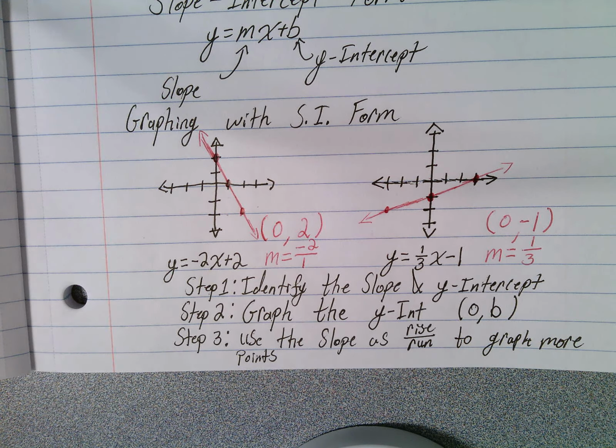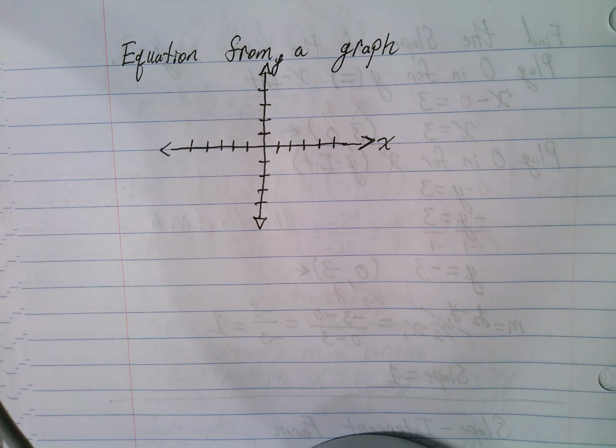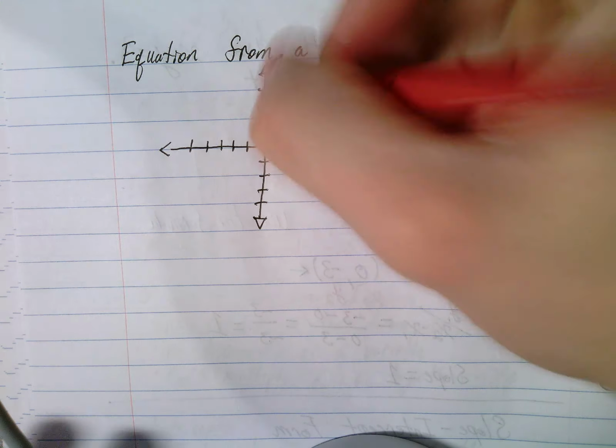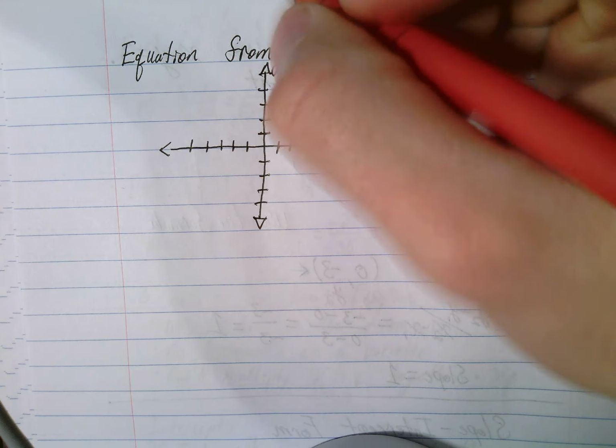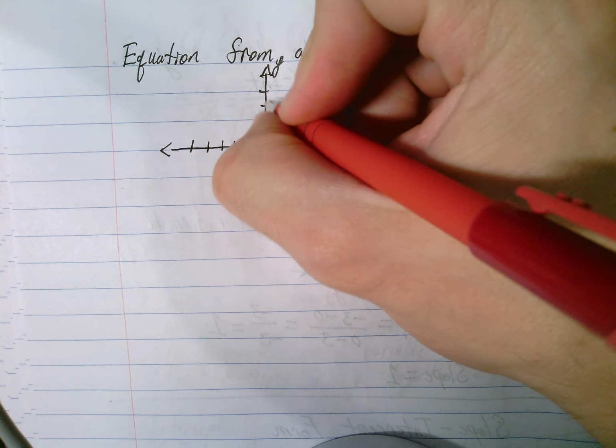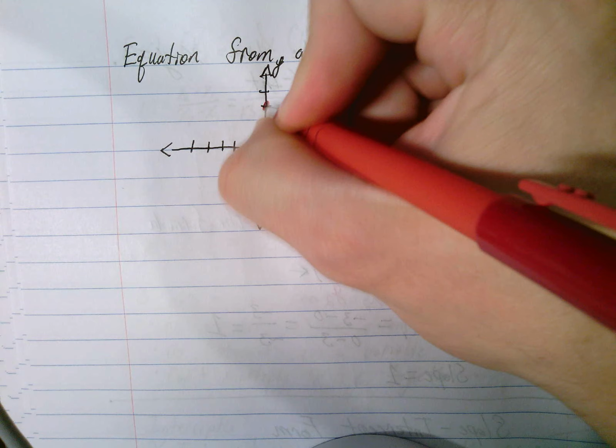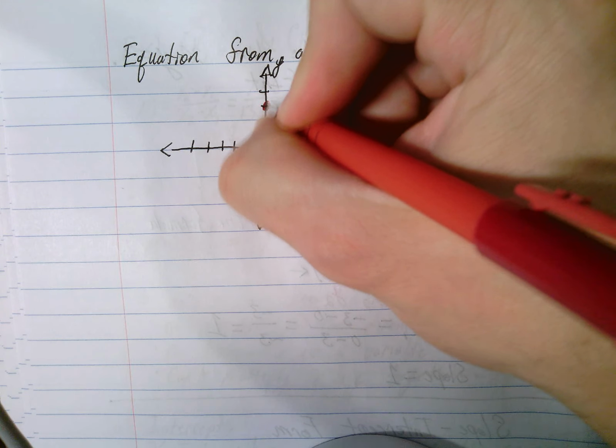Easy enough? Easy. So now we're going to work on finding the equation if we're given a graph. Okay? So all I'm going to do is give you a line, and I want us to try and write the equation for it. So I've created a graph with 5 spots on each one. And I'm going to start by maybe putting this right here. We'll go at 3.